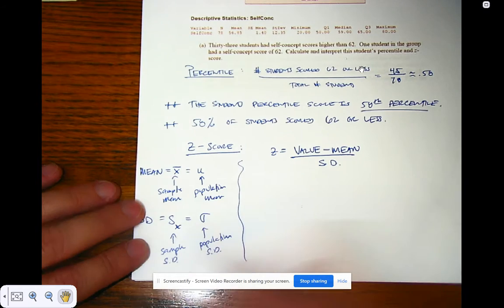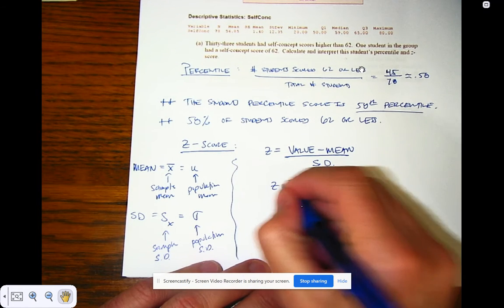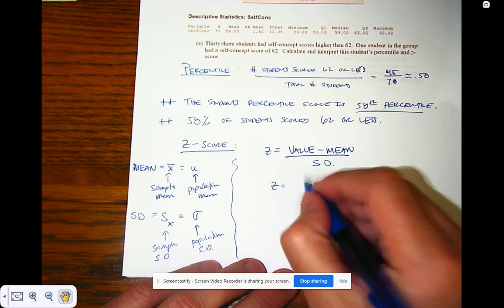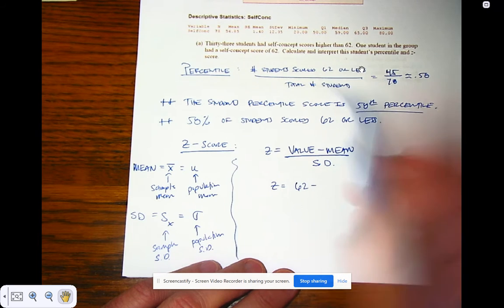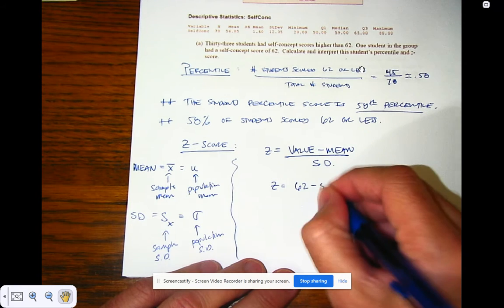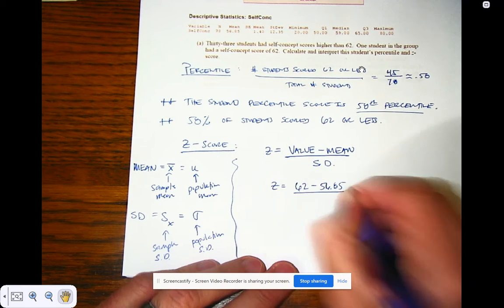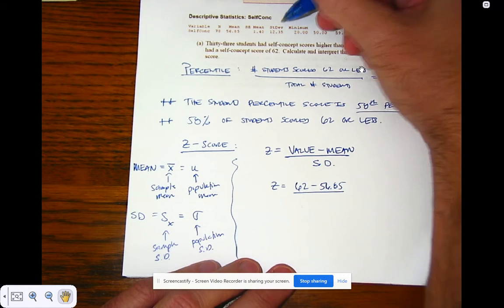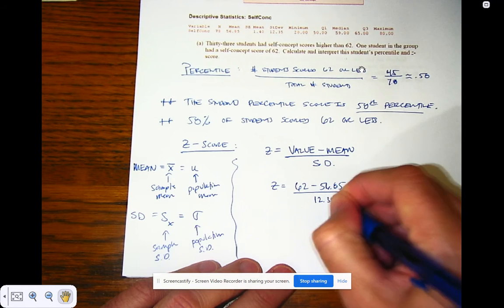So you don't have to worry about notation at this point. You would just say, z is equal to the value of the score, which is 62, subtracting the mean, which up here says 56.85, and dividing by the standard deviation, which is right here, 12.35.